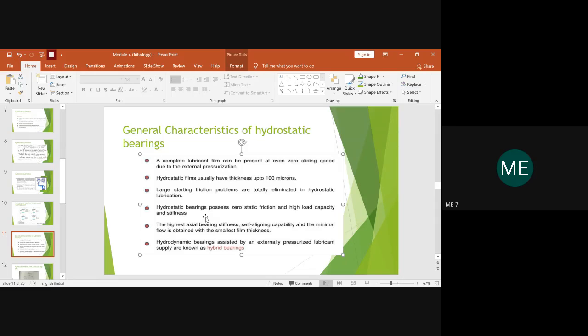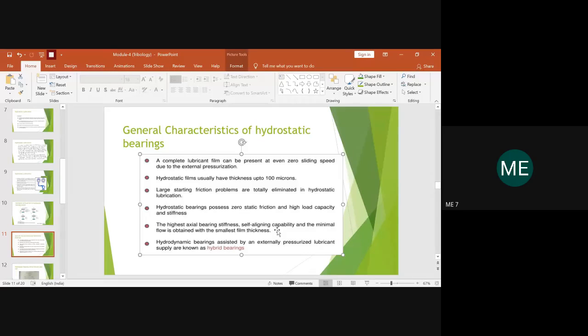This is one more characteristic. And due to the high stiffness value, the self-aligning capability is comparatively good, and it has minimum flow. The self-aligning capability and the minimum flow are obtained with the smallest film thickness.